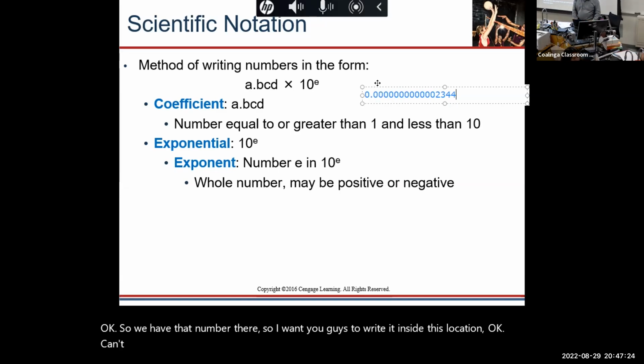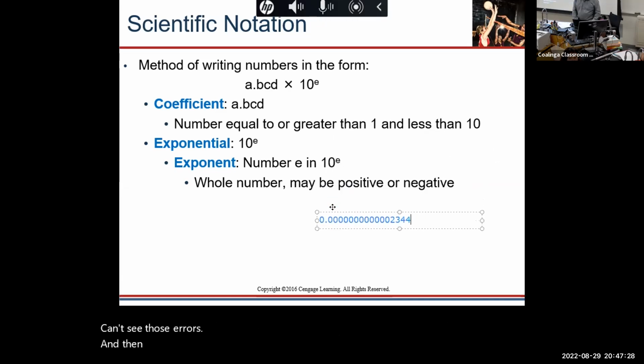Can you tell me how many zeros are there? 12 zeros?